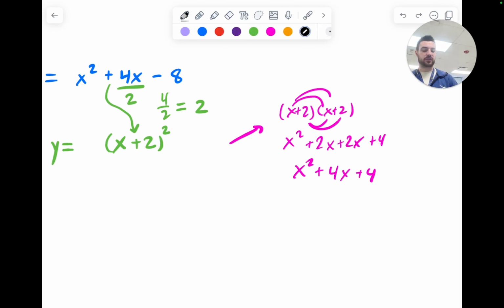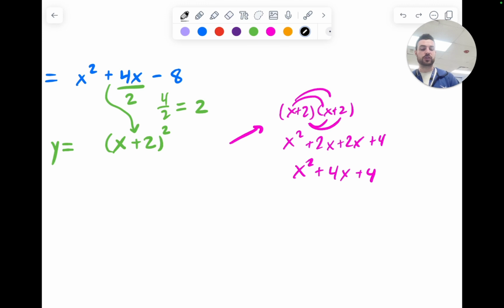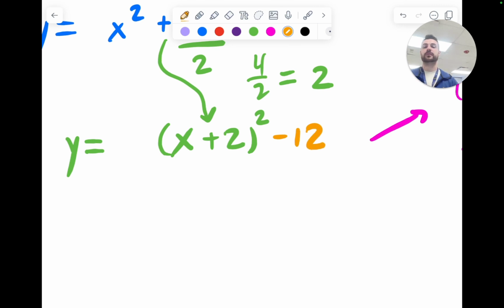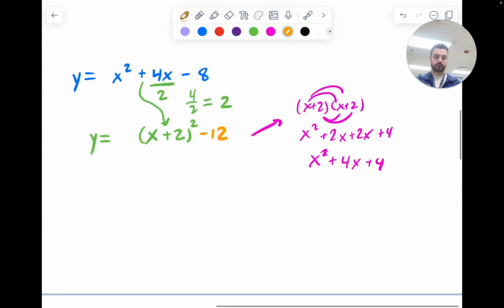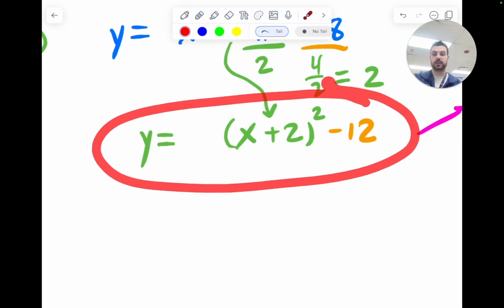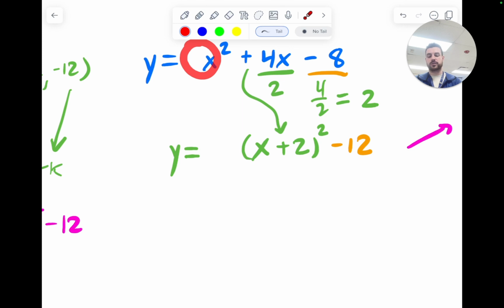So what I will have to do is I will have to go from +4 to -8, which we do by subtracting 12. This will be my quadratic in vertex form.